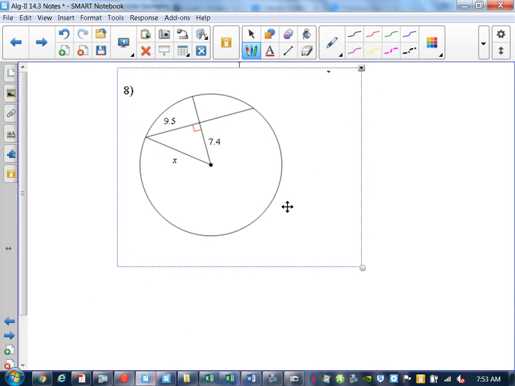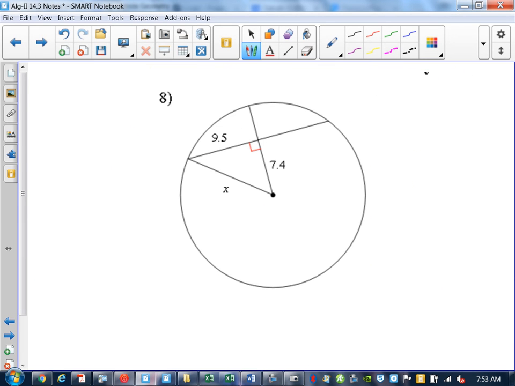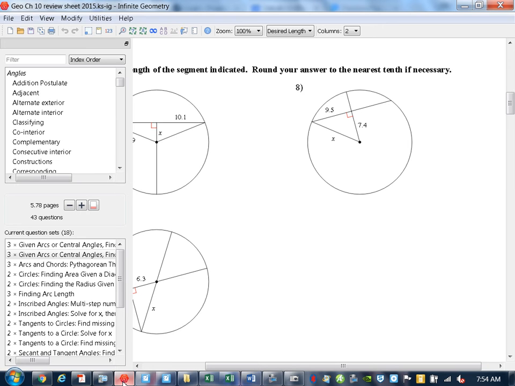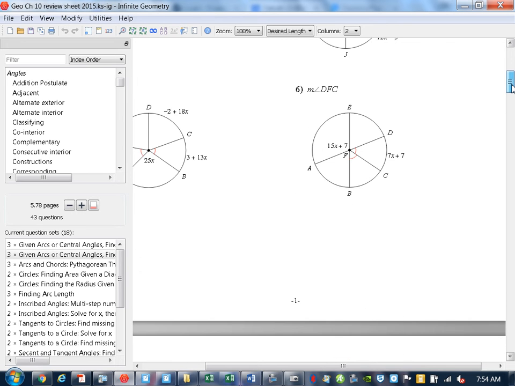When you see a right angle and it creates a triangle, what are you going to use to solve for x? That's it. Yeah, all three of those are the exact same.